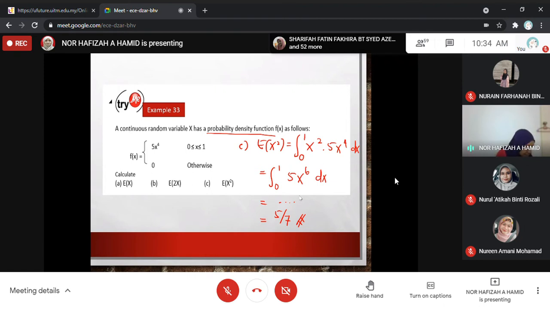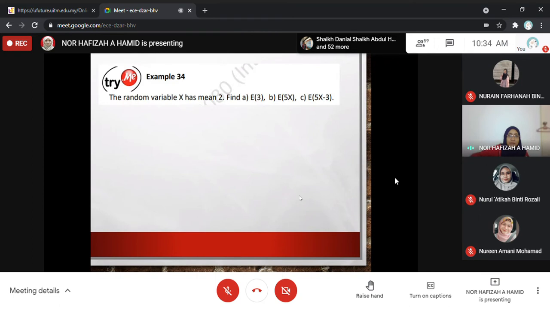Next we have example 34. So you can refer to example 34. The random variable X has mean 2. The mean is the same as the expected value, so it is given that E(X) is equal to 2, or the mean is equal to 2.